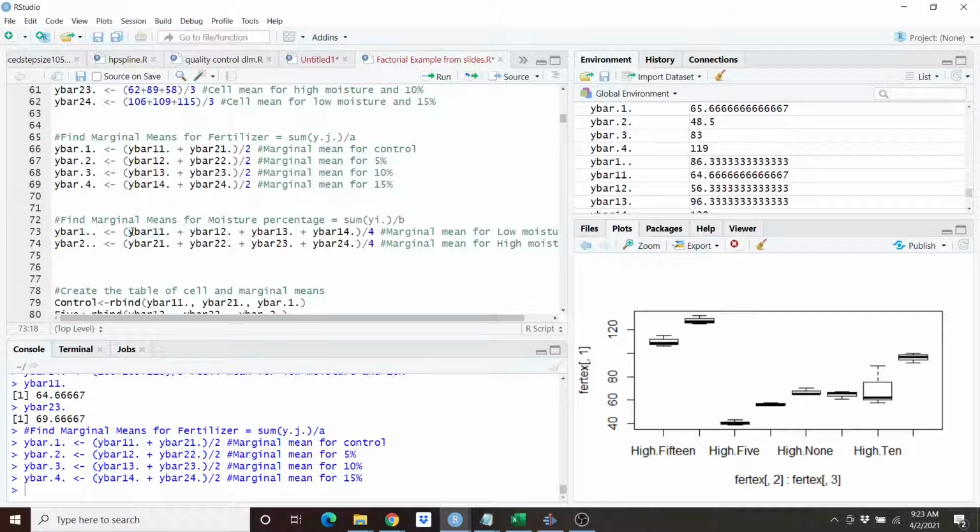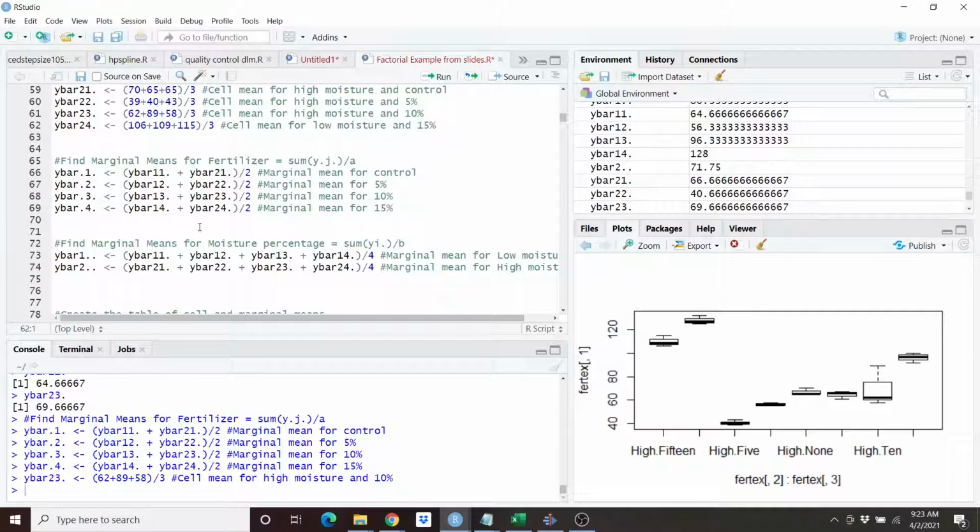And so here I have low in control, I have low in 5, I have low in 10, and I have low in 15. And I divide this by 4. And likewise, I'm going to do the same thing for my marginal mean for my high moisture. And so here we have our marginal means for moisture percentage.